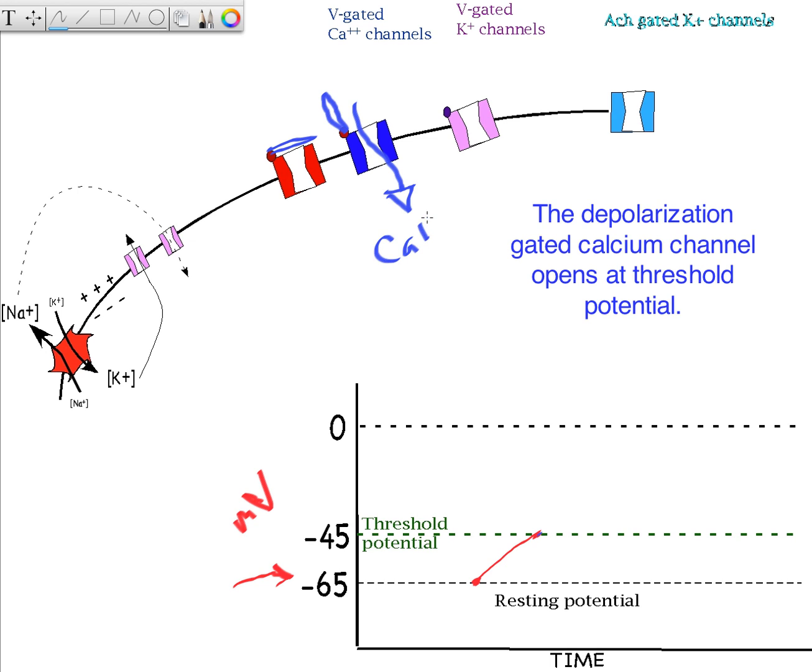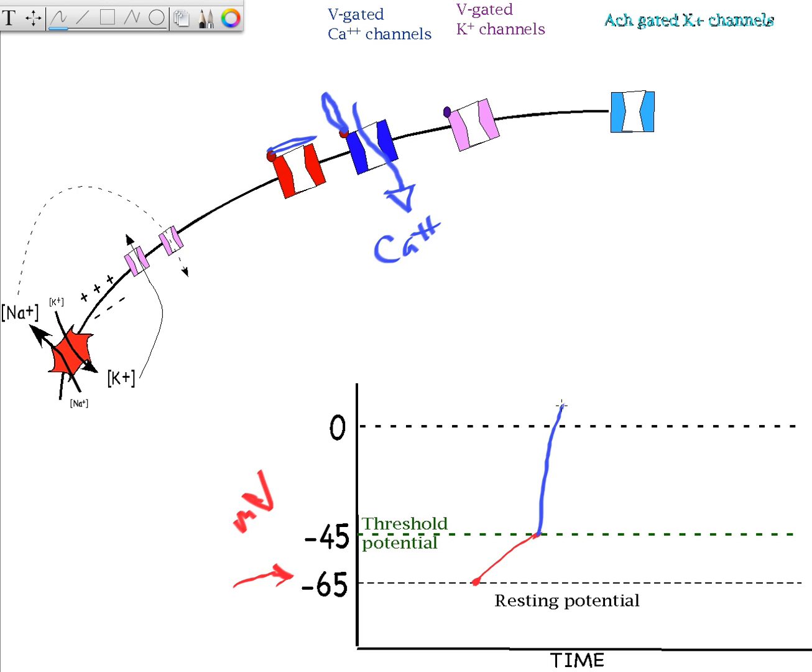Now calcium is being let in, and it comes in quickly. I know that it's coming in pretty quickly because the slope of that line is much steeper than the slope of the line allowed by the funny channels. So it was the depolarization above threshold potential that opened these calcium channels.